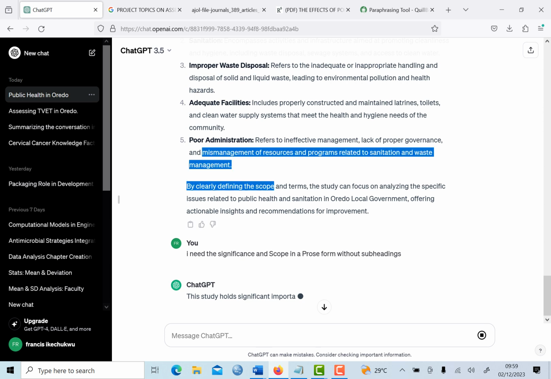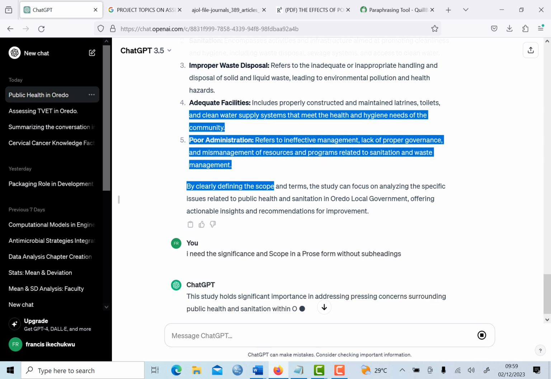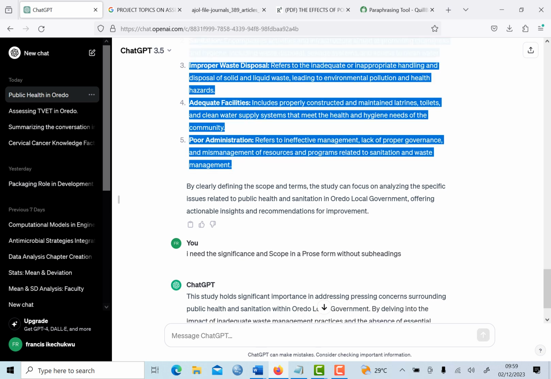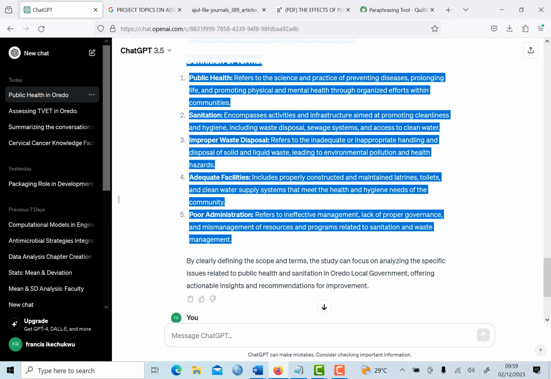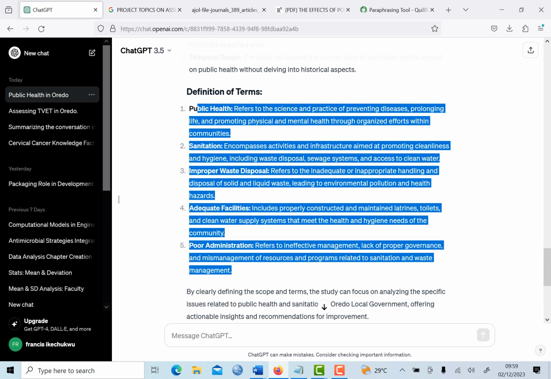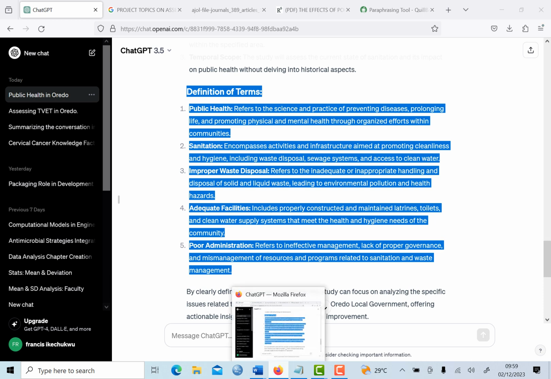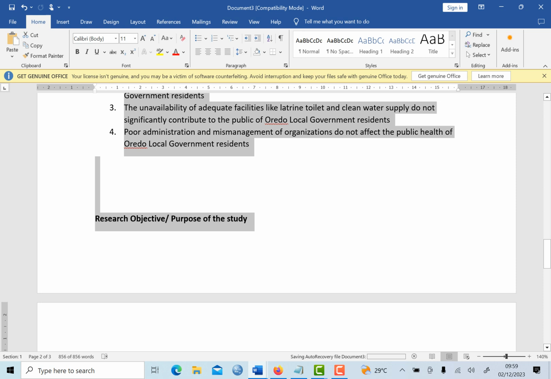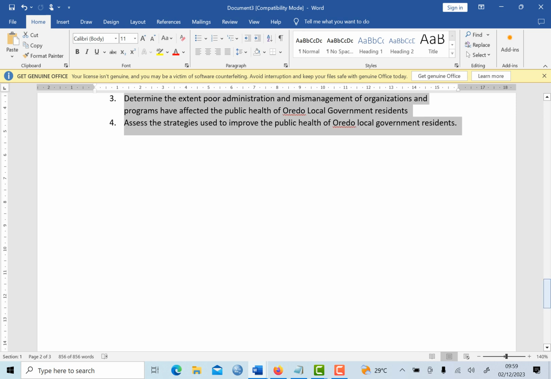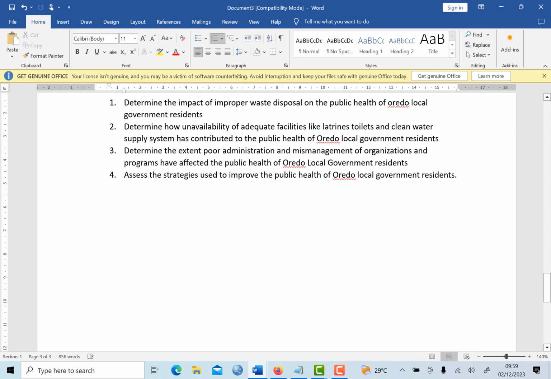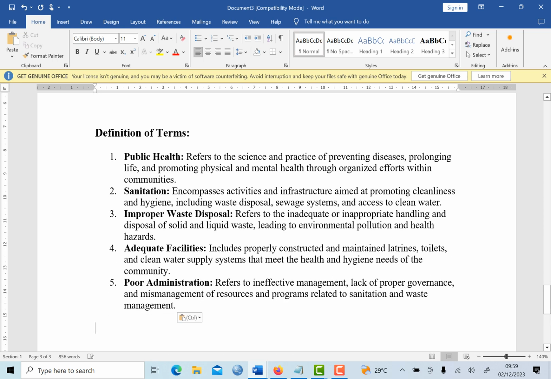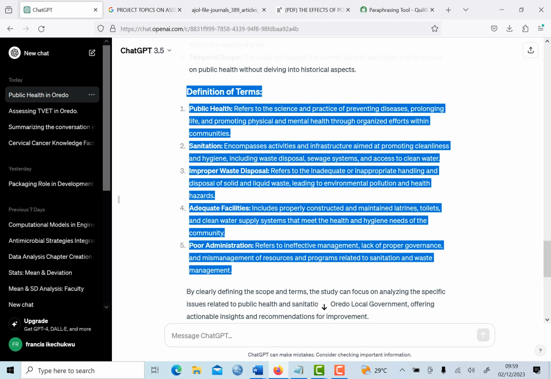Let's copy this definition of terms first. You can decide to paraphrase it. You go to your paraphrasing tool and paraphrase before you post here. Am I communicating? So I'm already showing you how to do that.